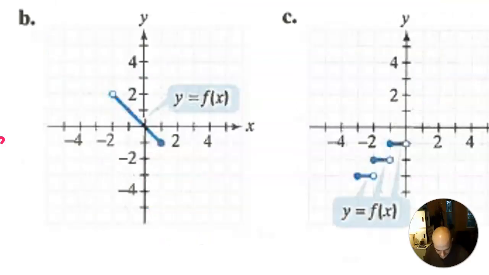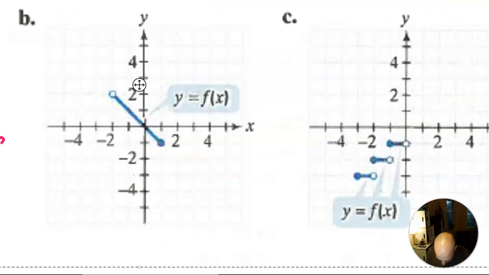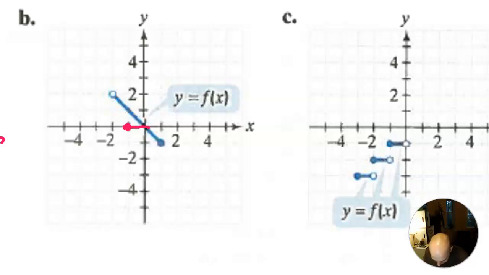Jumping over to number B here, let's again find the domain. Well, in this case, we're walking along the x-axis, and we notice that the first point on the graph is at -2, but it's under an open circle, which means -2 is not included in the graph. Now, if I were to start my domain at -1 and shade over, I would be missing an important part of the graph, which is everything right here.